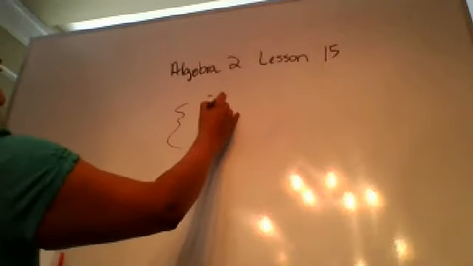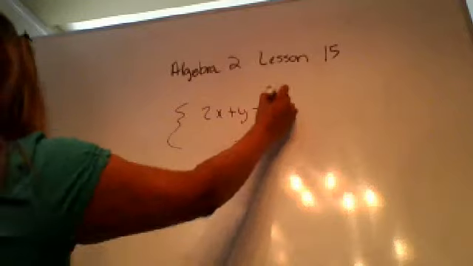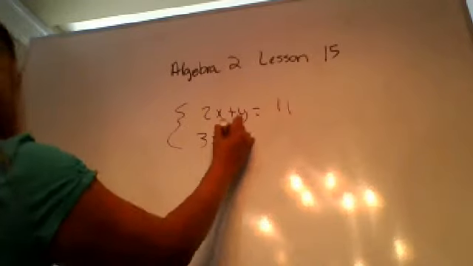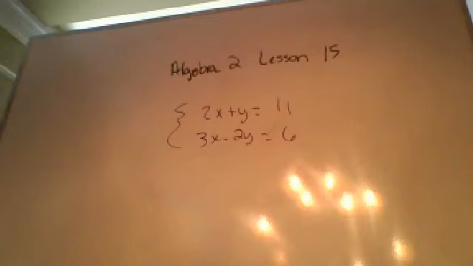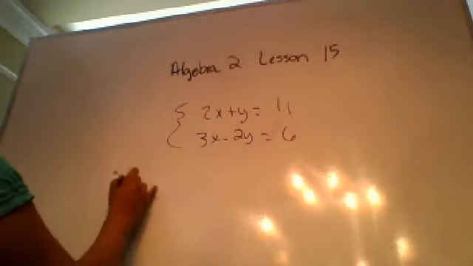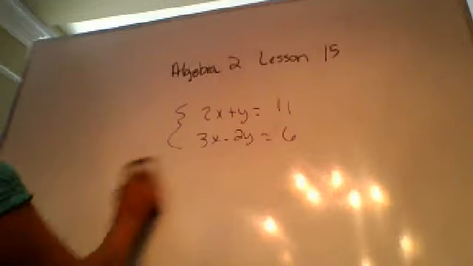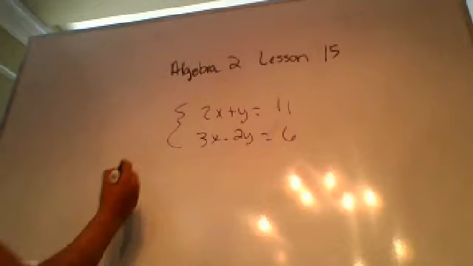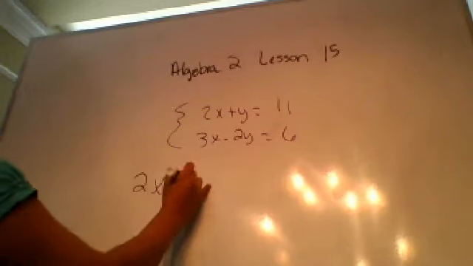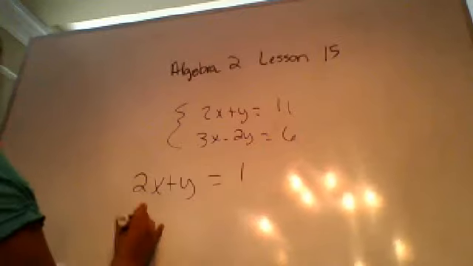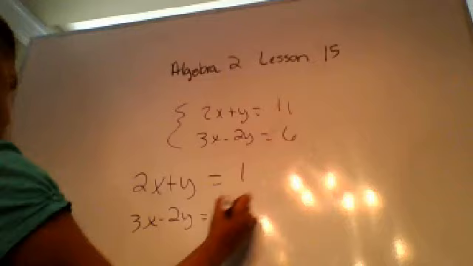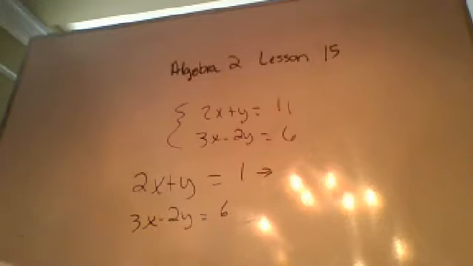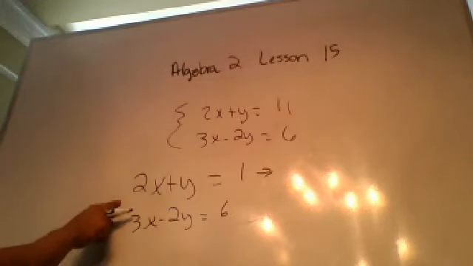So we have 2x plus y equals 11, and 3x minus 2y equals 6. We can kind of do the same thing. Now, if I multiply this equation by 2, I can do that.